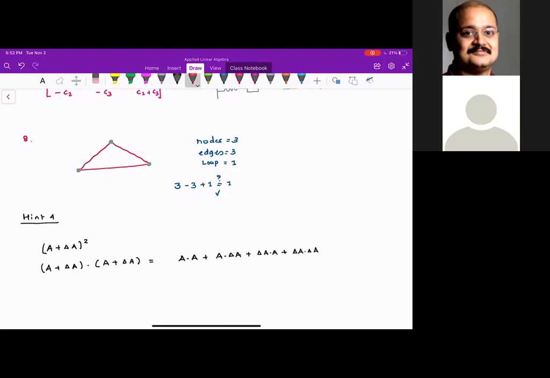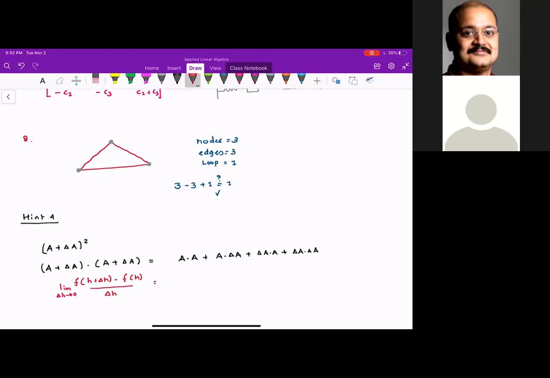Then from here you want to subtract. So what is the definition of derivative? The definition of derivative is function f(t plus delta t) minus function f(t) divided by delta t, where the limit of delta t tends to 0.